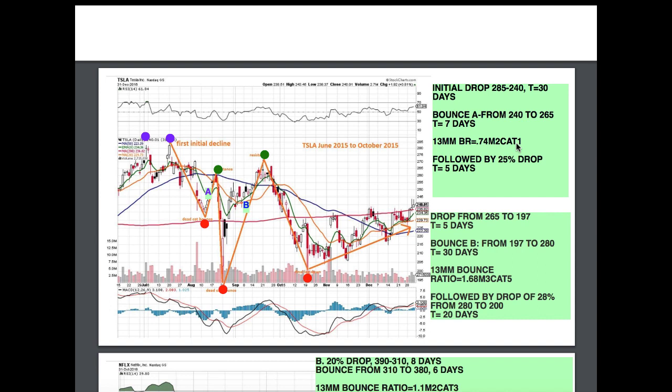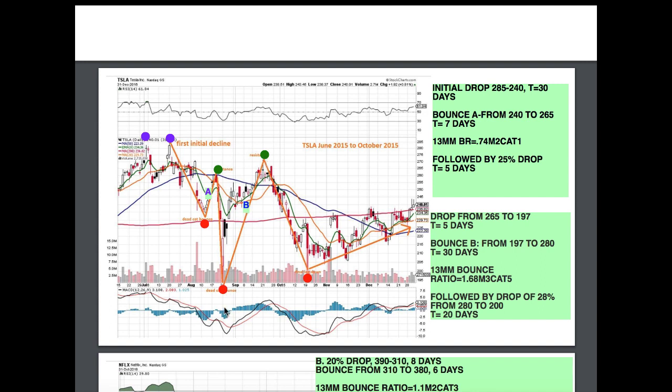So in this particular case, even though we're dealing with just a magnitude 2 and a category 1, you've got a drop of 25% within the time frame of 5 days. So basically, this drop from this green dot all the way to the red dot, that's a 25% drop, followed by a bounce B.